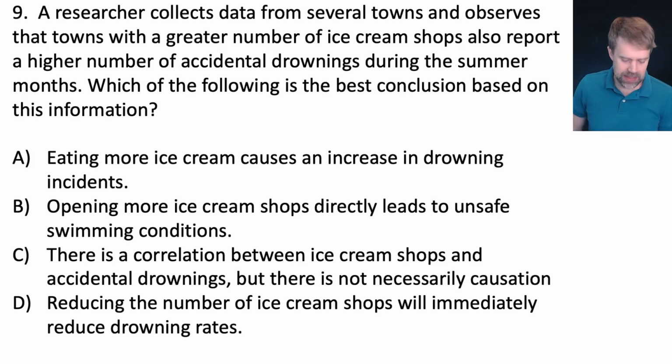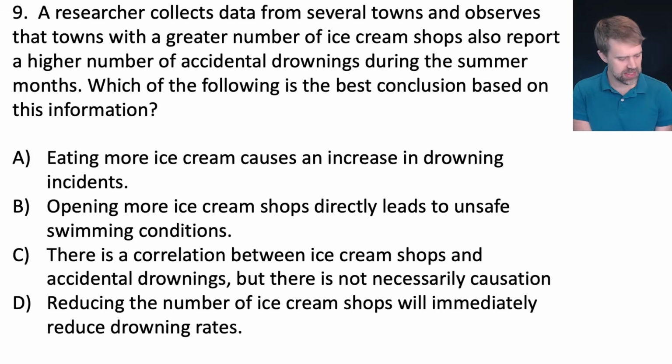A, eating more ice cream causes an increase in drowning incidents. B, opening more ice cream shops directly leads to unsafe swimming conditions. C, there's a correlation between ice cream shops and accidental drownings, but there is not necessarily causation. And D, reducing the number of ice cream shops will immediately reduce drowning rates.